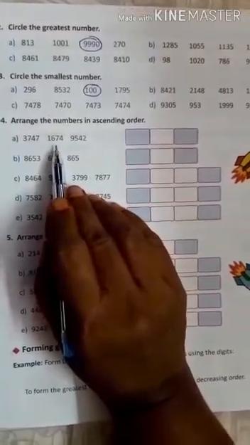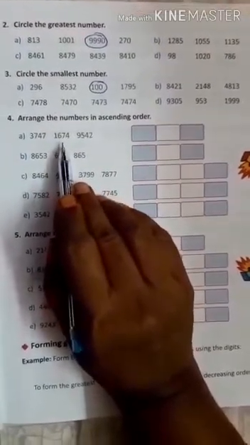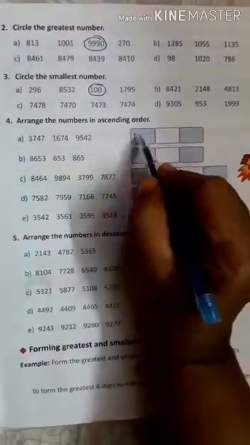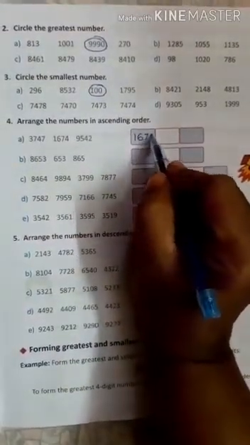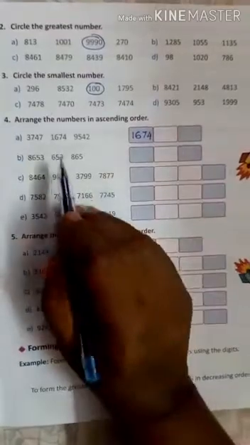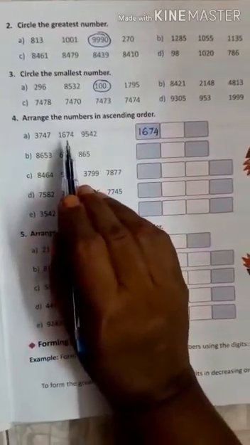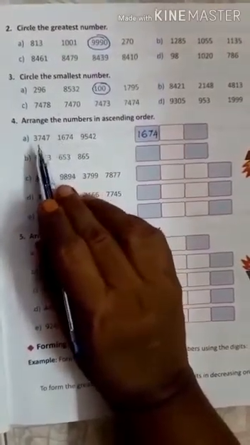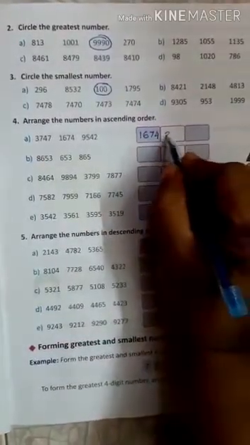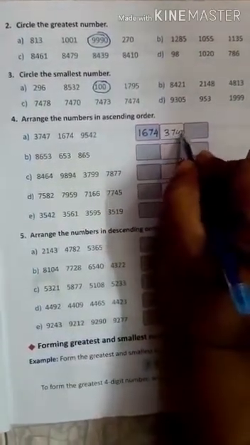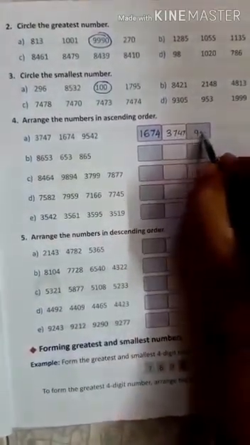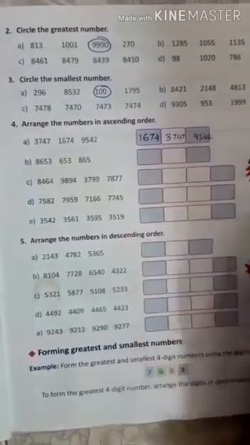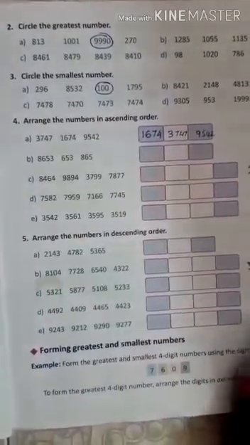Which is the smallest number? 1674. Now in the box you are going to write 1674. Then which is the next number? You are going to write 3747 and the last one is 9542. This is the way you are going to do.